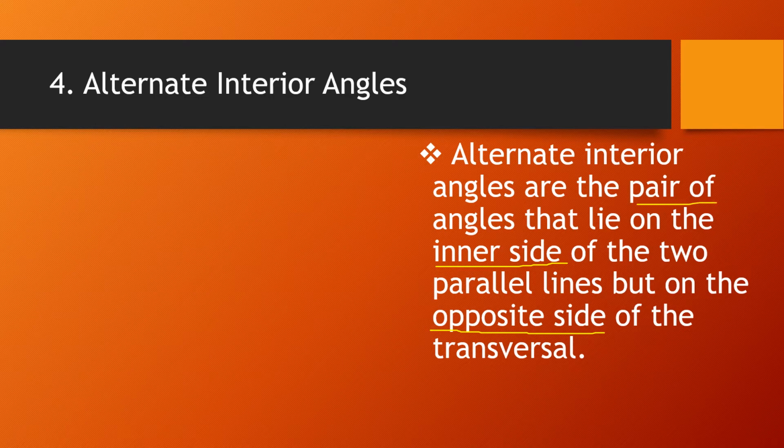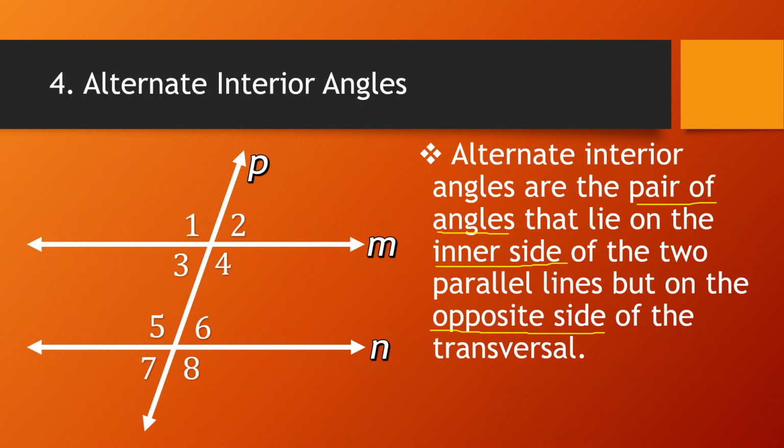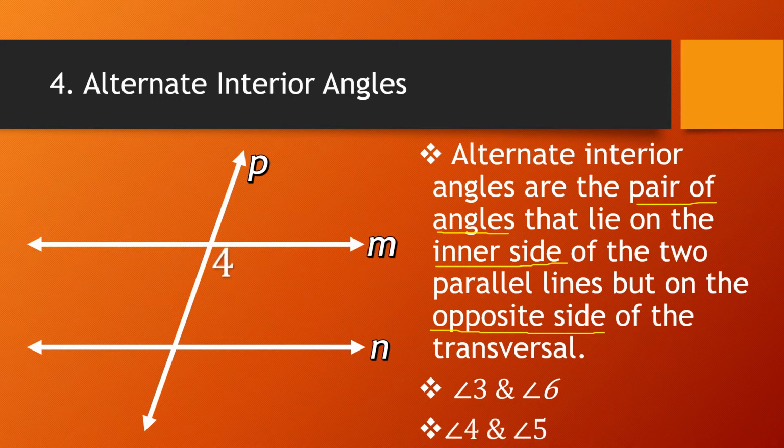Still, they are a pair of angles. So in this figure, we have angle 3 and angle 6 and also angle 4 and angle 5. Take note, they are on the inner side but opposite sides of the transversal. Okay, one is on the right, the other is on the left side.